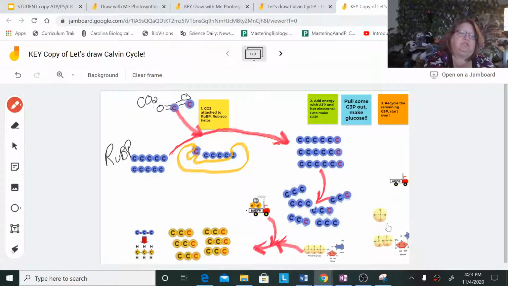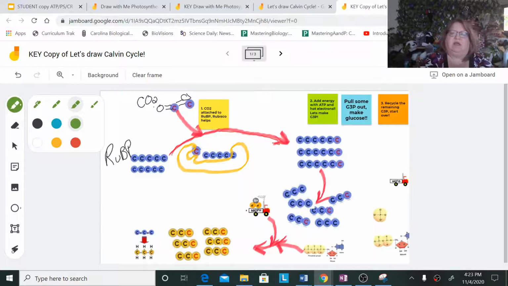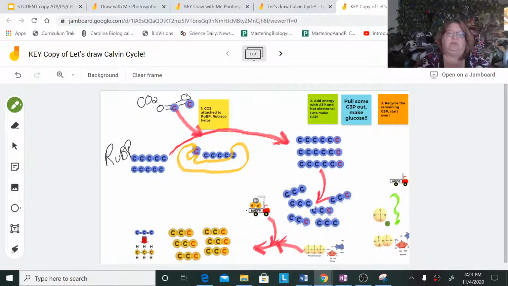So part of the question is, what happens to these guys when they're done, when they've added their energy? NADPH dumps its hot electrons, and now we've got this empty dump truck. Think about that for a second. Where could they go to get more hot electrons, and where could the ADP go to get back to ATP?